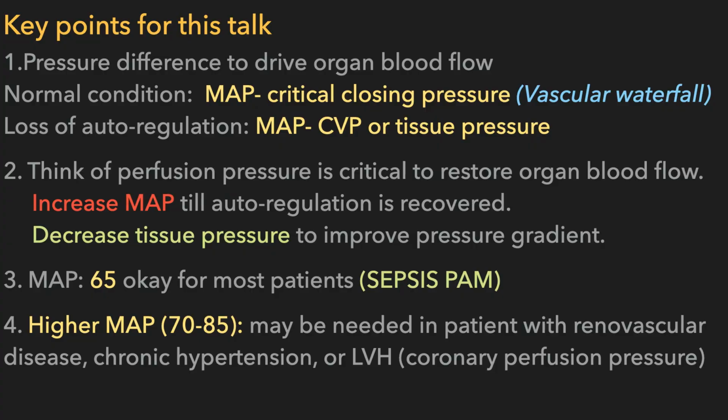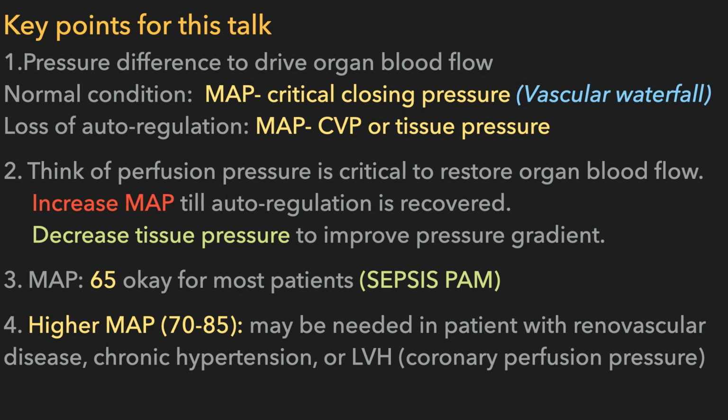Okay, so let me review the key points of this talk. First, I talked about the pressure difference in driving organ blood flow, and talked about the vascular waterfall and the critical closing pressure. In patients who lose autoregulation, it's really important that organ blood flow becomes pressure dependent, and it's important to maximize the perfusion pressure by increasing your MAP while at the same time decreasing your tissue pressure.